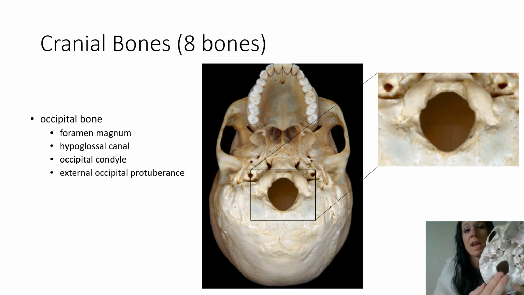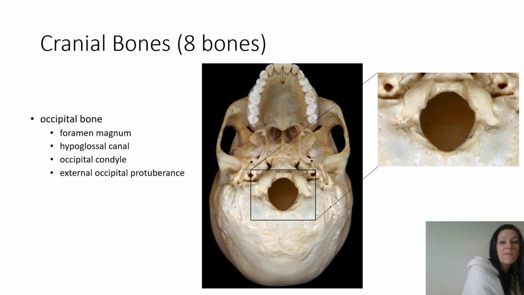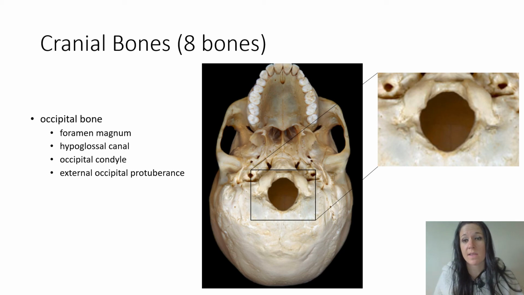Then the next structure are the occipital condyles, and those are these two smooth pads here, just lateral to the foramen magnum. So if we look at that on the image, here we've got our occipital bone, and we're increasing the magnification in this upper image.